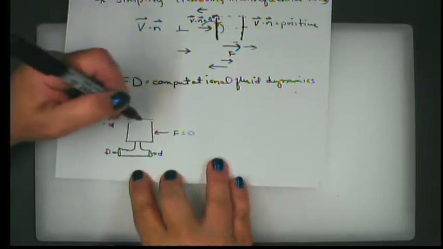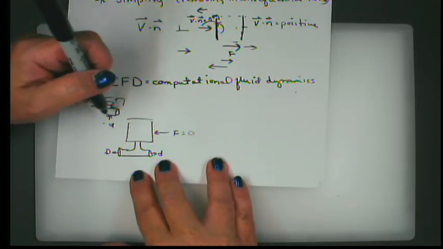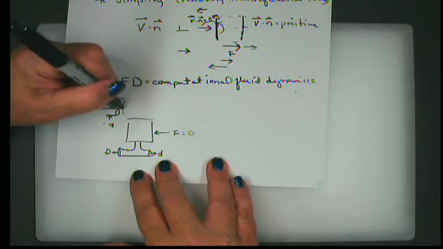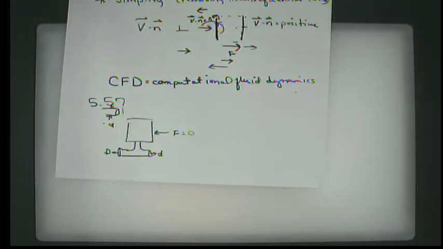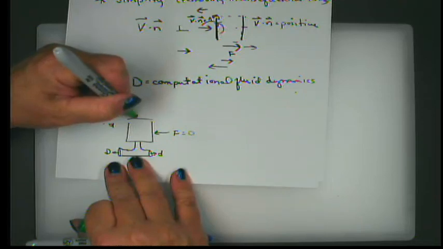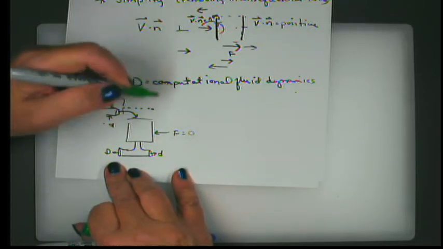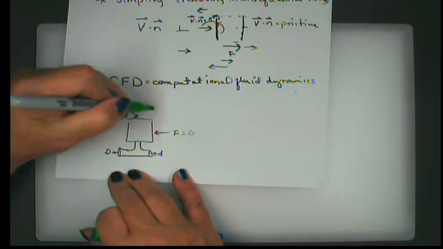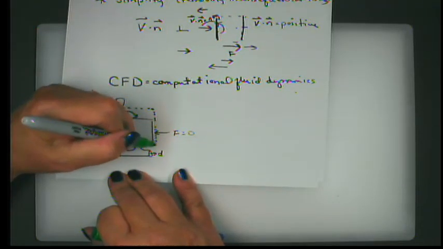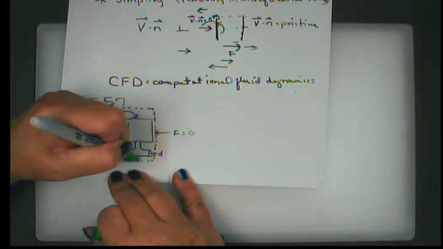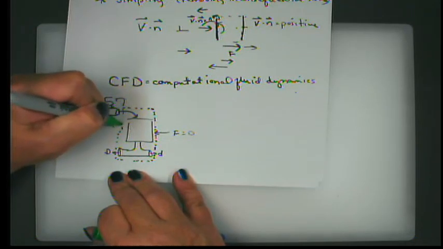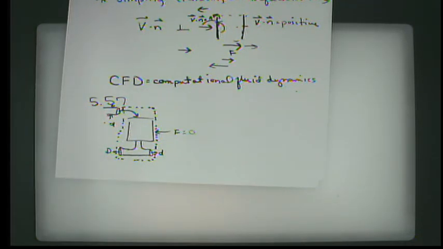All right, now if we draw our control surface, I'd like to use a different color pen for this. Here we go. We have water coming in here. So I think it would be a wise choice to draw our control volume or control surface around the tank and at the exit points and the entrance point.